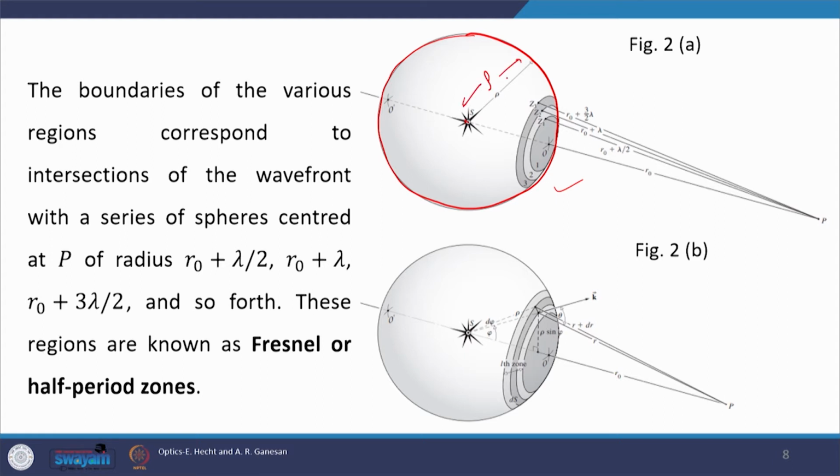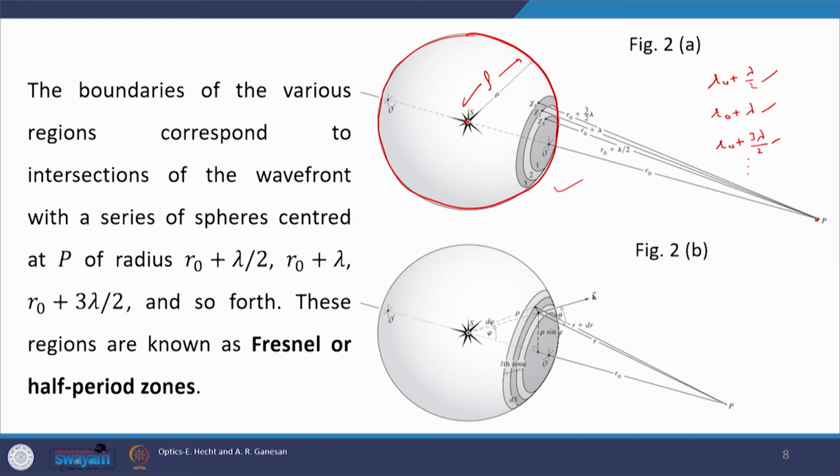Now, what we do is that from the point of observation P we draw various spheres of radius r naught plus lambda by 2, and then r naught plus lambda, and then r naught plus 3 lambda by 2, and so on. From point P we draw various spheres of these radii, and these radii vary by lambda by 2 at each step.